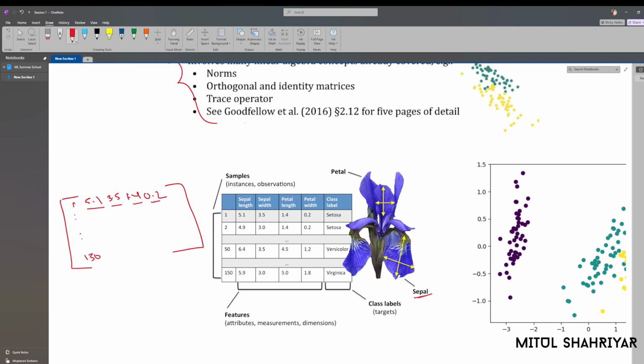Great, 1, 2, 3, 4. And we know this flower is called setosa. Then this same thing is repeated for the remaining 149 flowers.